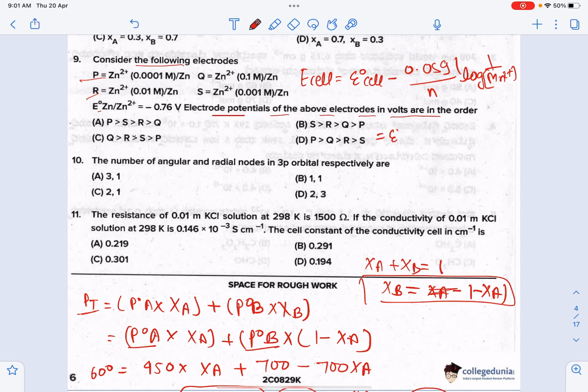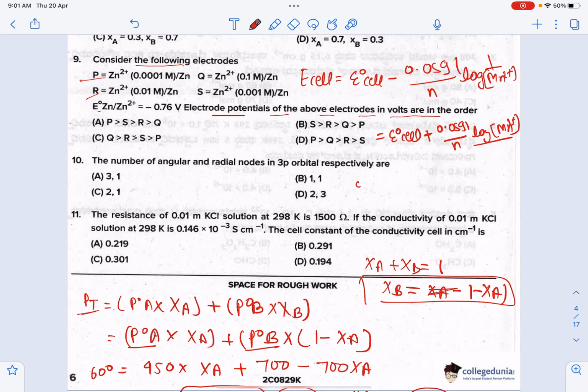We can also write it like this: E cell minus 0.0591 divided by n log Mn 2 plus. It will be minus when we write it like this, because when the minus 1 power is taken upside, it is just the opposite, and there will be a plus sign.